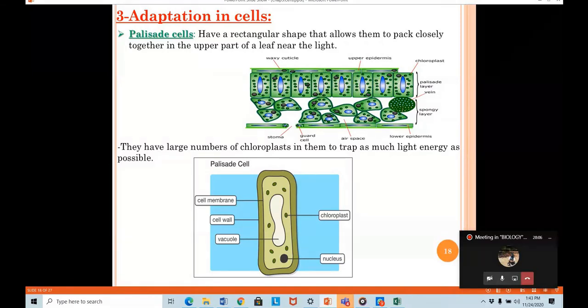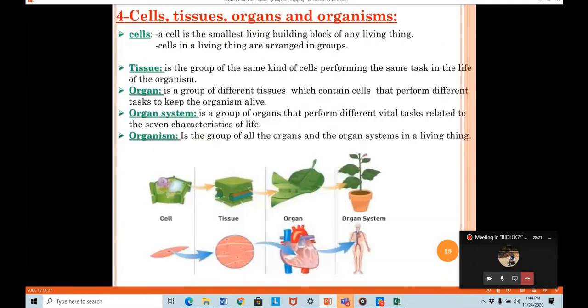But they are also present in the stem, whichever part of the plant is green. In your textbook you have the same picture on page number 54 of a Palisade cell. The basic plant cell structure which we study is nothing but the Palisade cell itself.